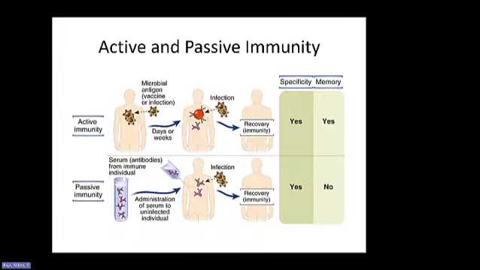Also, adaptive immune response can be present in two different forms: active and passive immunity. Active immunity is what we just talked about. Say a microbe or microbial antigen enters the body, say in form of infection or in form of vaccine.